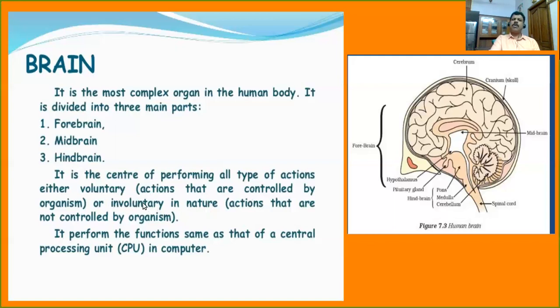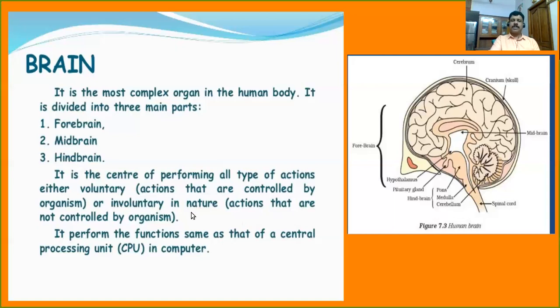What is the meaning of involuntary actions? The actions that are not controlled by the organism. That means the actions do not occur according to our wish. For example, the working of the heart and urine formation. All these concepts we discussed in the first lesson. All these processes come under involuntary actions.